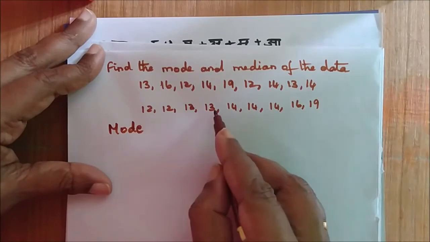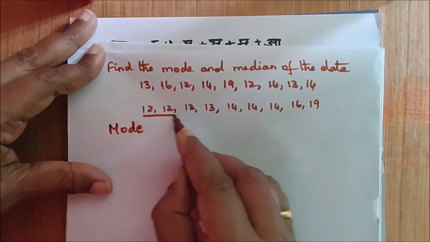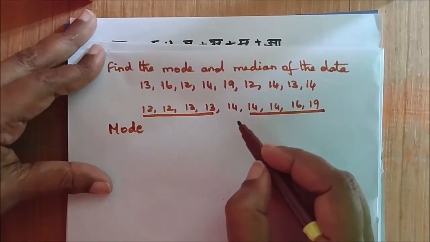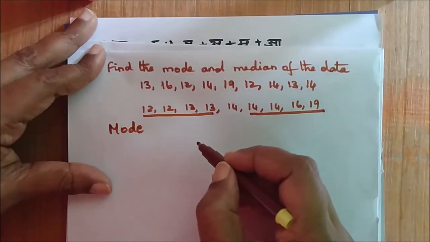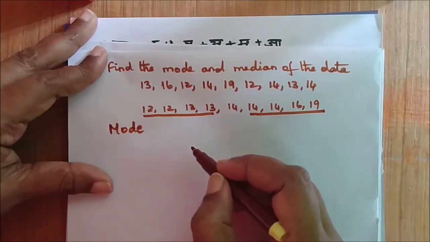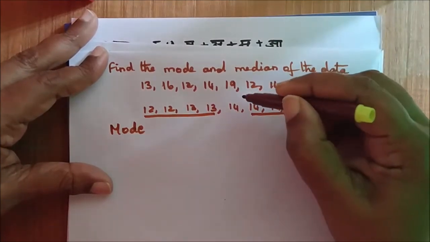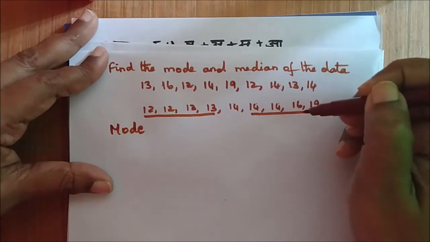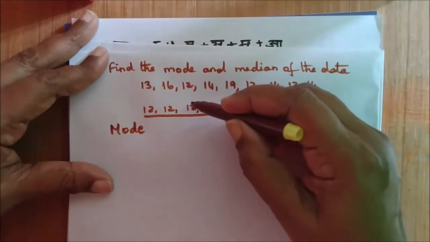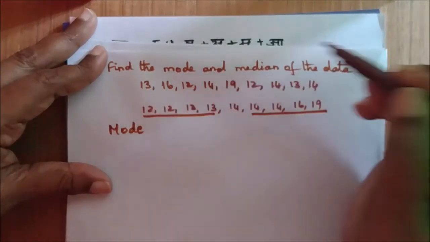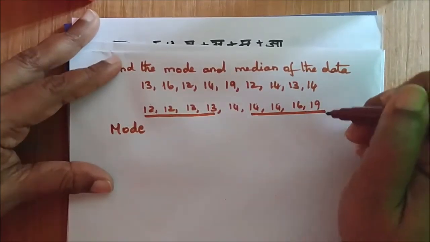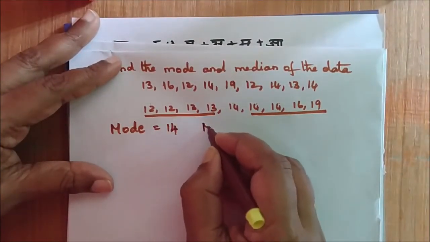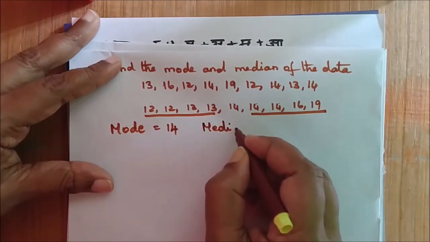I'm sorry, we are calculating the mode here, not the median. The number which occurs the most: 14 occurs 3 times, whereas 13 occurs 2 times and 12 occurs 2 times. So 14 is the answer.